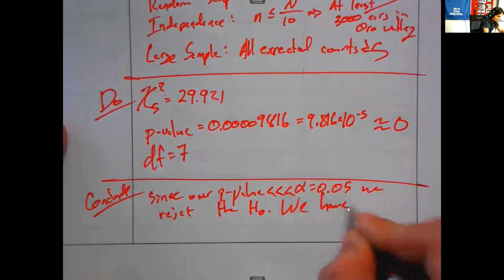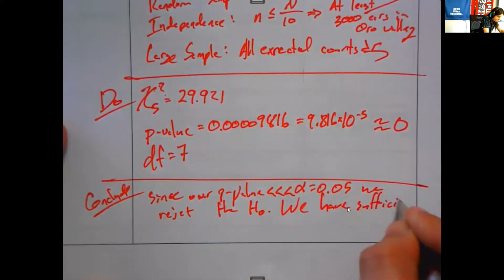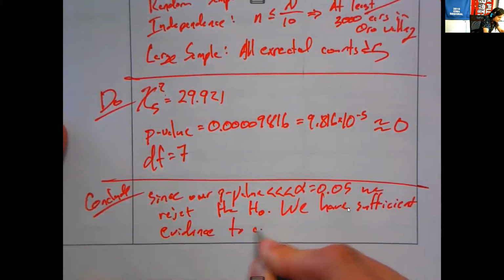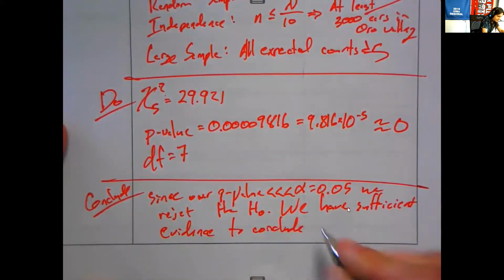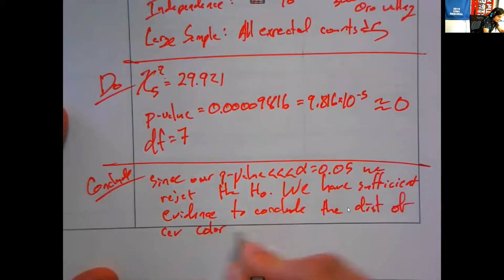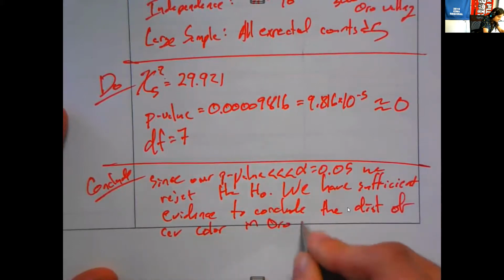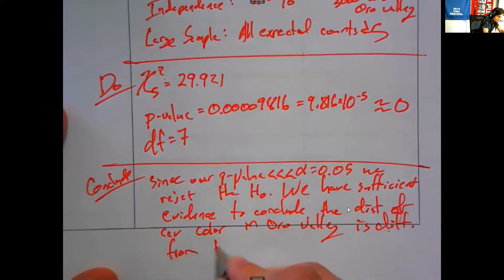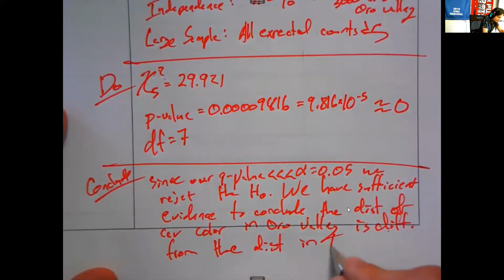We have sufficient evidence to conclude the distribution of car color in Oro Valley is different from the distribution in North America.